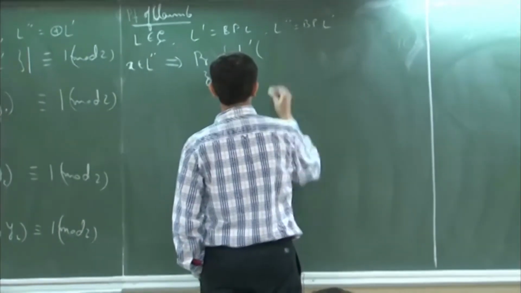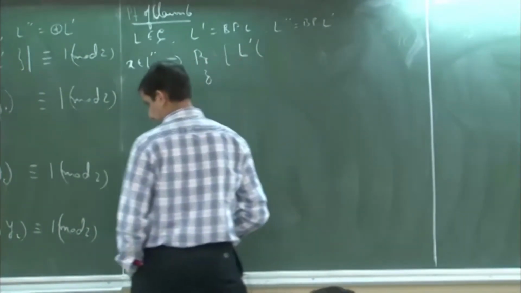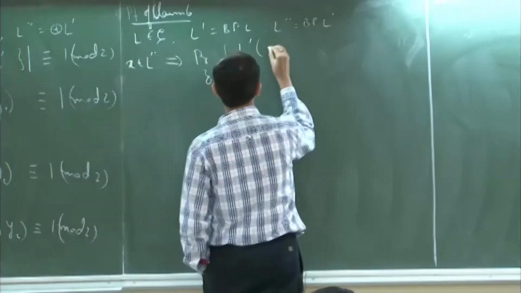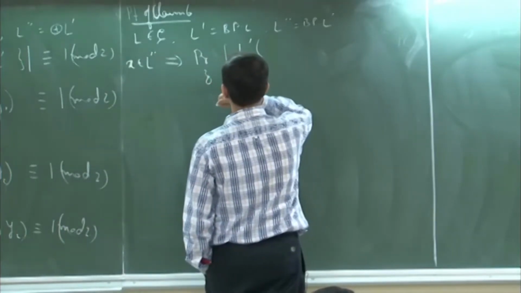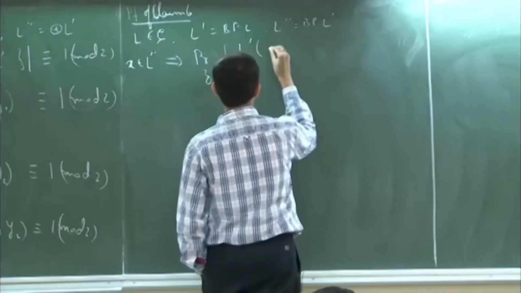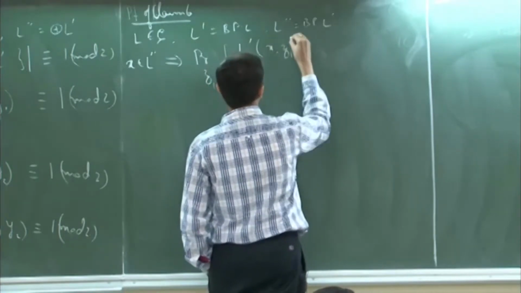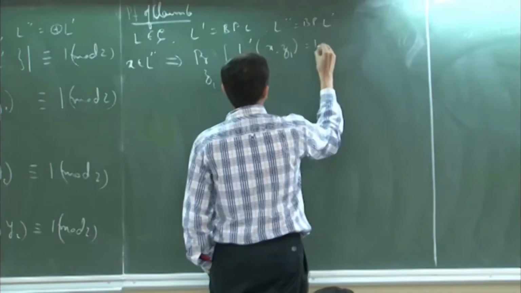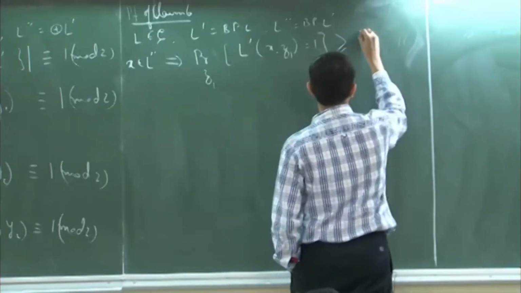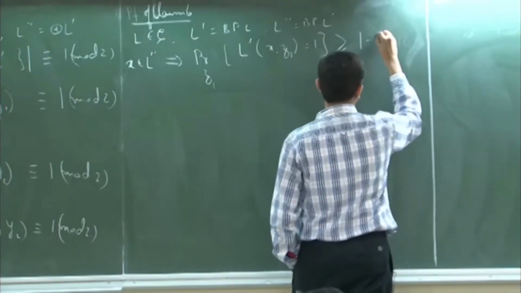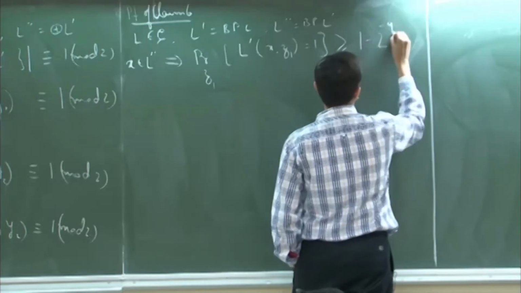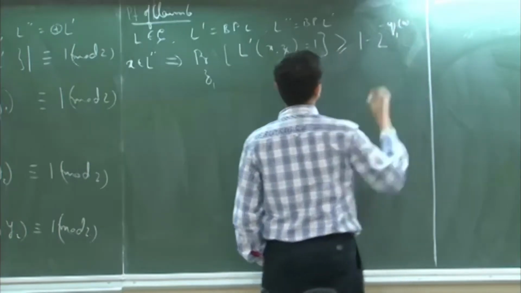So L prime of x comma z1 is 1 occurs with, let us say, some probability greater than 1 minus 2 to the power minus q1 of n.